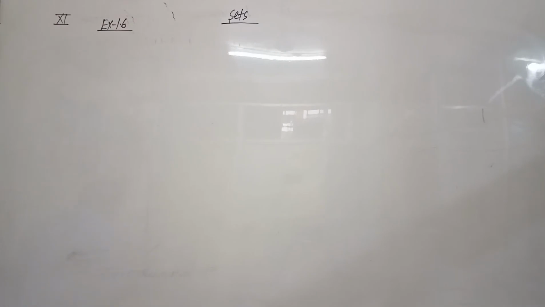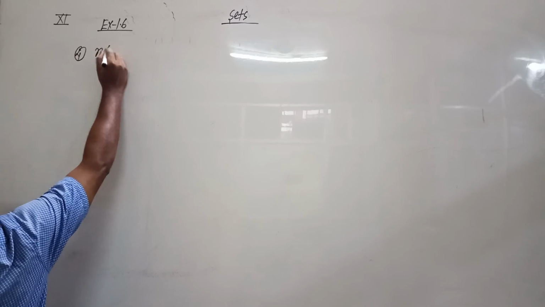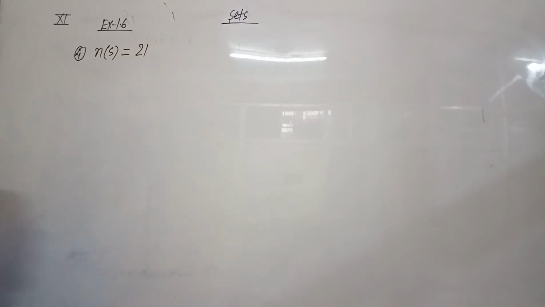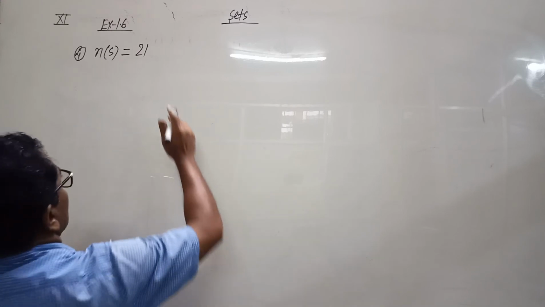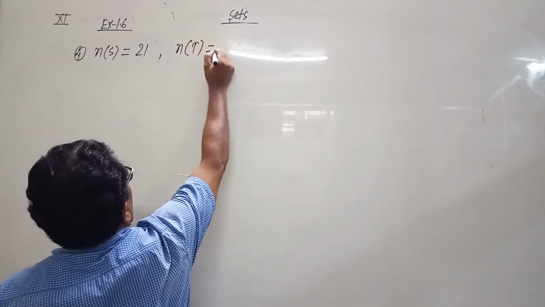Question number 4. S and T are two sets. S has 21 elements, so n(S) is 21, and T has 32 elements, so n(T) equals 32.